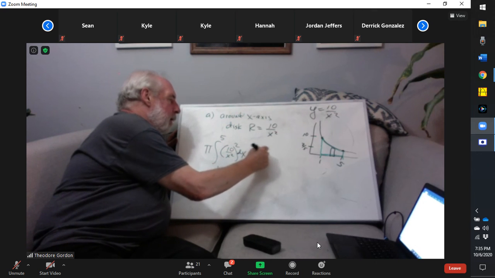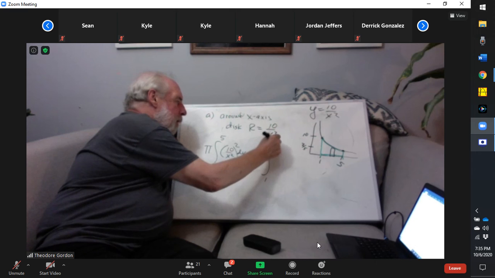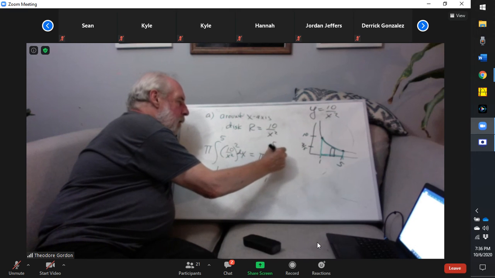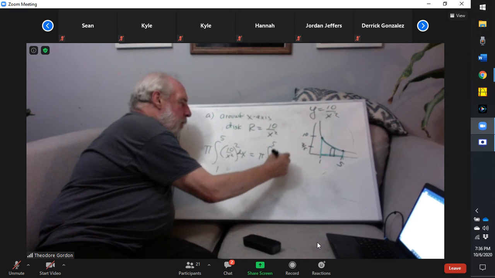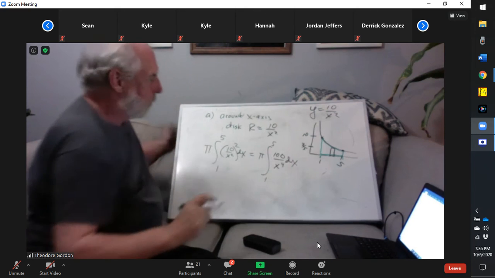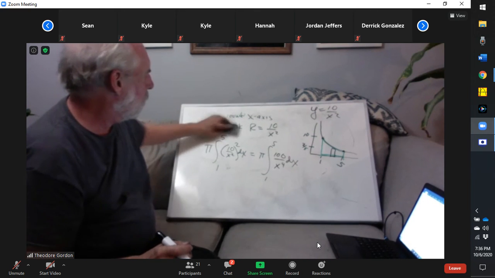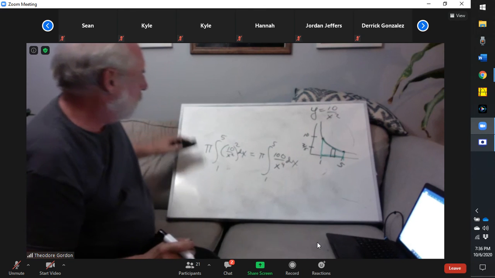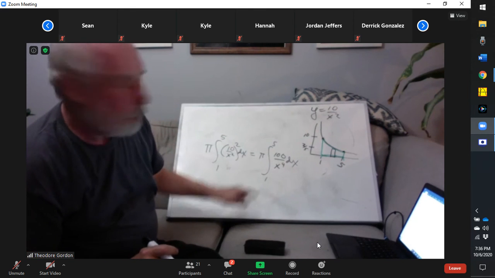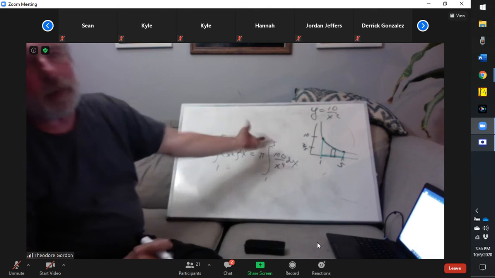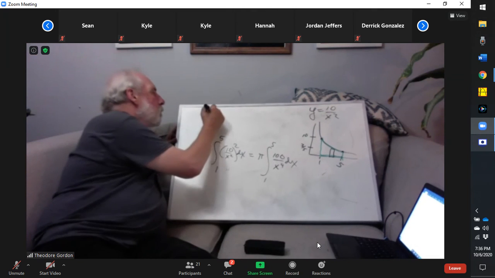That gives us pi from 1 to 5 of 100 over x to the 4th dx. So that's the integral. I'm going to make this a little better. 100 is just a constant, so I can just pull that out.